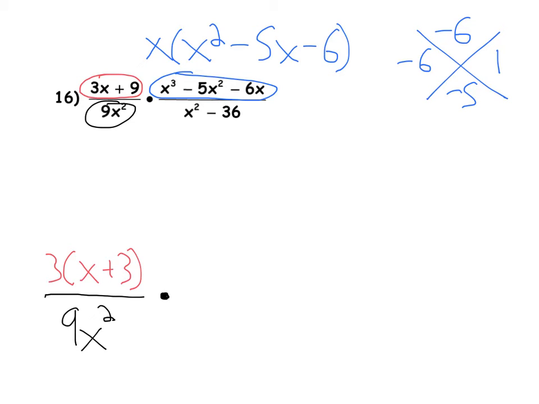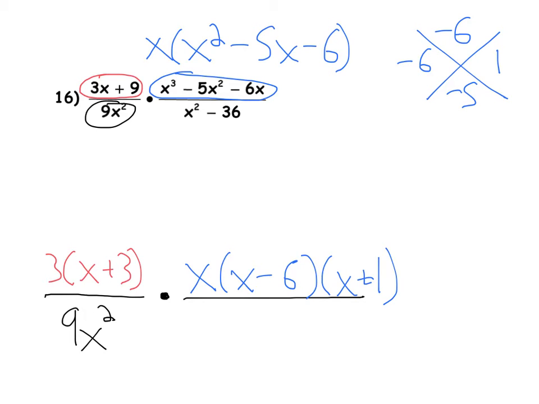And so my final fully factored answer here for the top right numerator is, I had my GCF, I took out an x, and then I was able to factor x squared minus 5x minus 6 into x minus 6 times x plus 1. I made a minus instead of a plus at first, which is a mistake. So that gives me x plus 1.